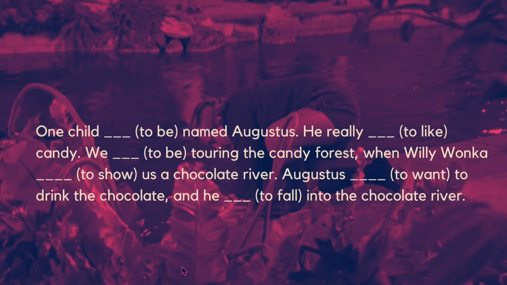We to be touring the candy forest when Willy Wonka to show us a chocolate river. Augustus to want to drink the chocolate, and he to fall into the chocolate river.